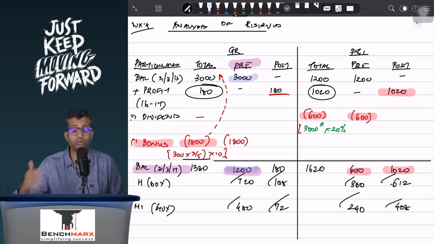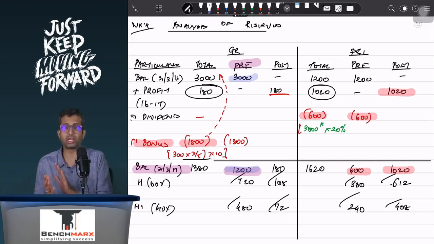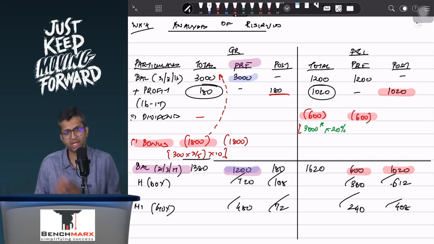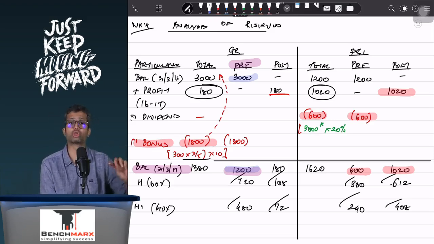Well, bonus is given, but that is given later. So if I were to take a flashback to find the net worth as on 31st March 16, the share capital would have been 3000, and your general reserve would also have been 3000, and hence 6000. Instead, you are taking the share capital at 4800, that is higher by 1800, the bonus amount, but your general reserve is automatically going down by 1800, lower by the bonus amount.